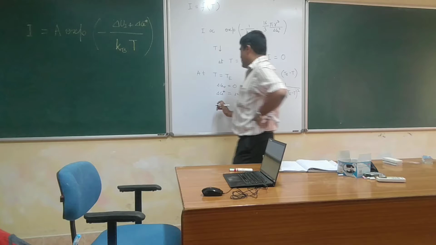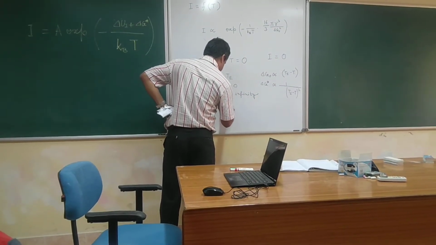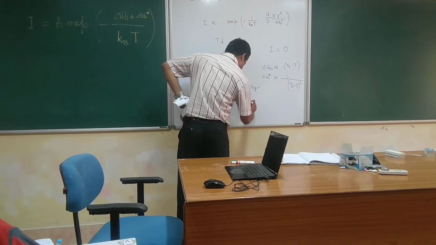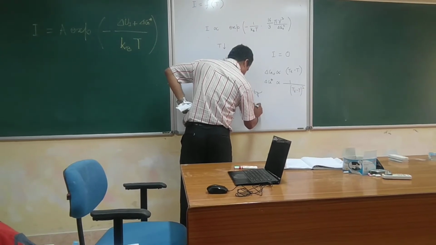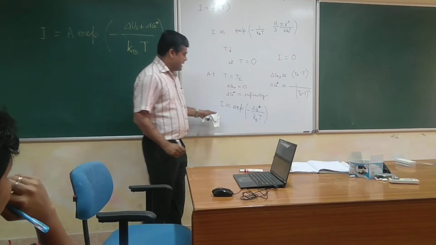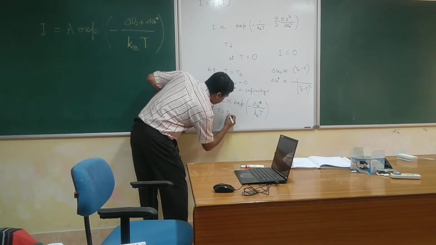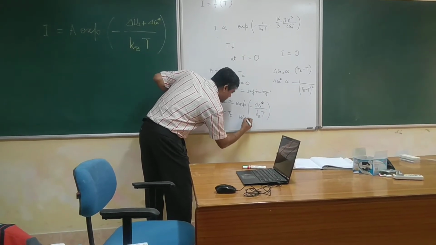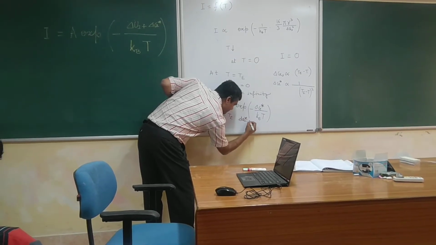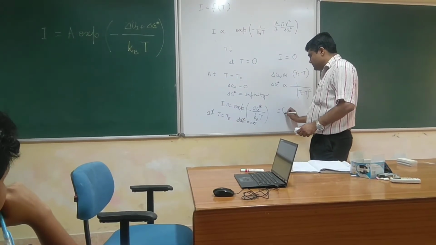So at T equal to TE, your I, being proportional to exponential minus delta G star over kT, with delta G star being infinity, becomes equal to 0.